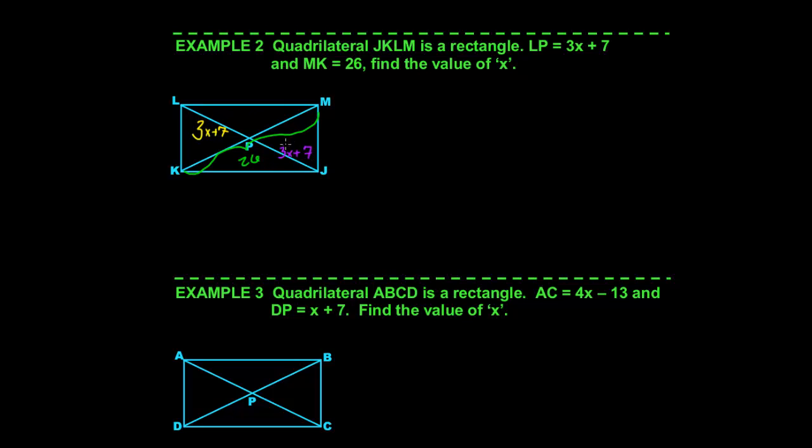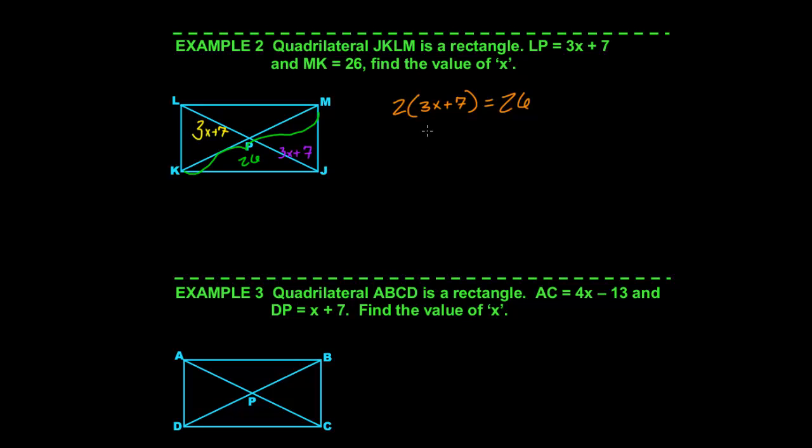So I have two of them now. You can either add them together, 3x plus 7 plus 3x plus 7, or take a shortcut and say 2 times 3x plus 7, because there's two of them. So 2 times 3x plus 7 is equal to 26, because we know that it equals MK.